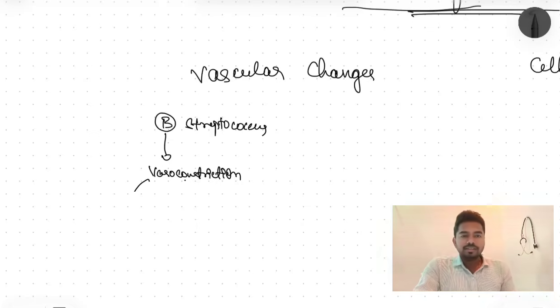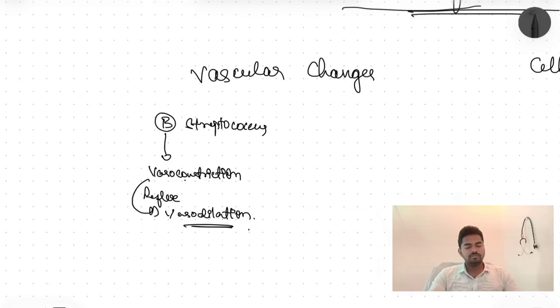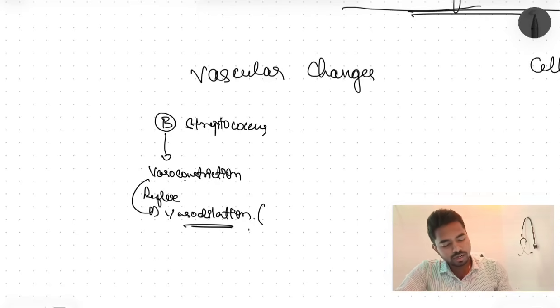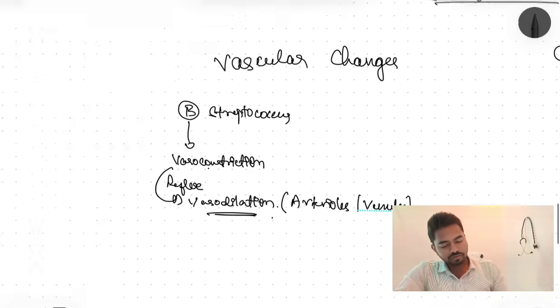In turn, there will be a reflex vasodilation. Vasodilation occurs in both arterioles or venules.